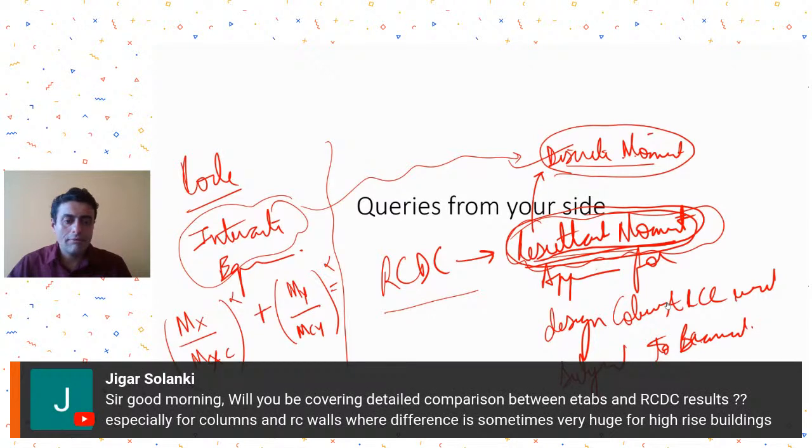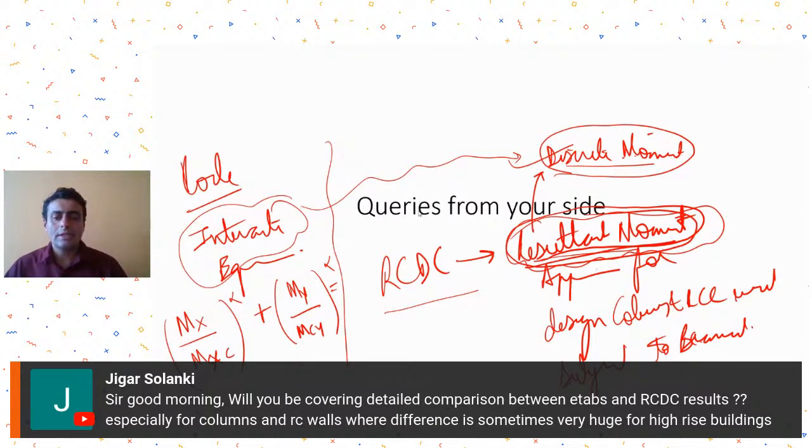Mr. Jigar is saying, will you be covering detailed comparison between ETABS and RCDC results? Yes, especially for columns and RCC walls where the difference is sometimes very huge. I think I have answered the reason for the difference, because RCDC as a default uses what is called a resultant moment method, and it does not use the interaction ratio based method given in the code, which ETABS also uses.